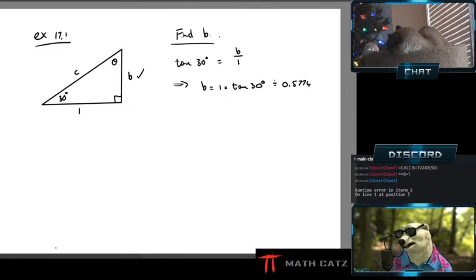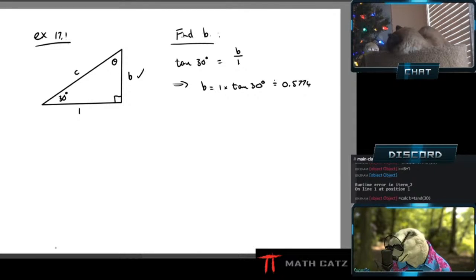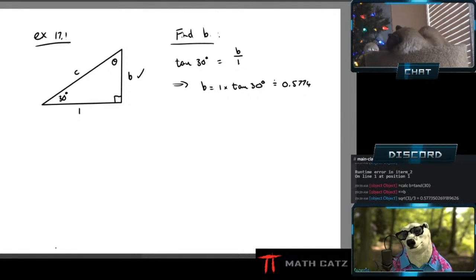Maybe it doesn't like the capitals. I'm going to try one more, just to see, it would help if it can store it. Okay, that worked. Just test if I see the 0.577. Okay, good. Now we have our B.